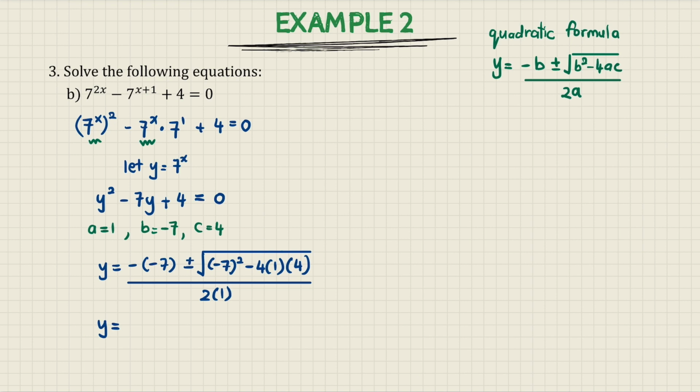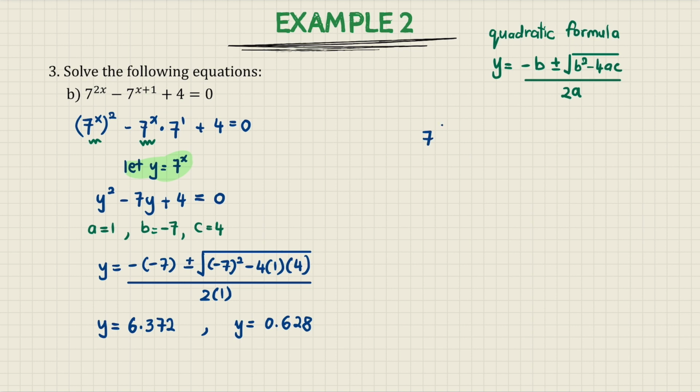Okay, so kita punya jawapan akan jadi y equals to 6.372 and the other one adalah y equals to 0.628. So perlu ganti semula y as our x.